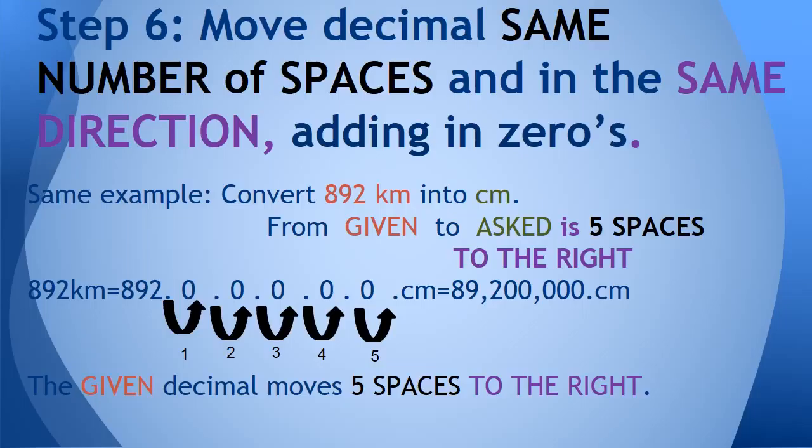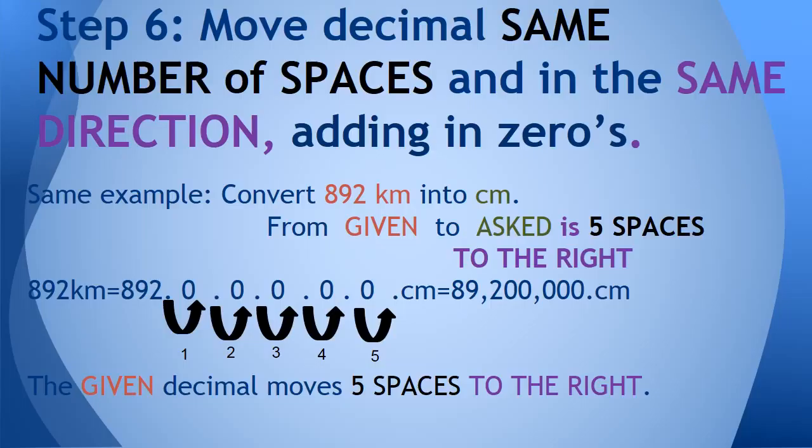Step 6, you're going to move your decimal the same number of spaces and in the same direction, adding in zeros. For the same problem, convert 892 kilometers into centimeters. From your given unit to your asked unit is 5 spaces to the right. Your decimal is going to then move 5 spaces to the right. 892 kilometers, the decimal is 892 decimal.